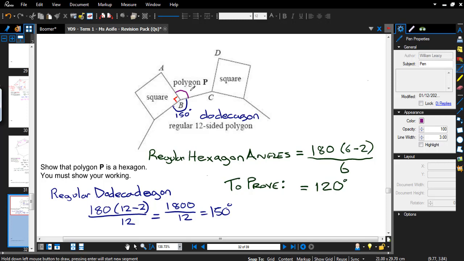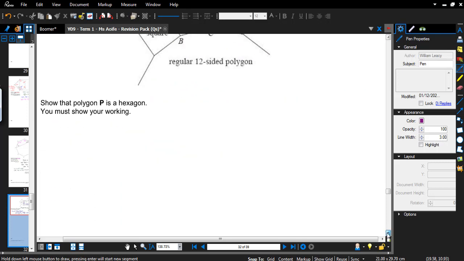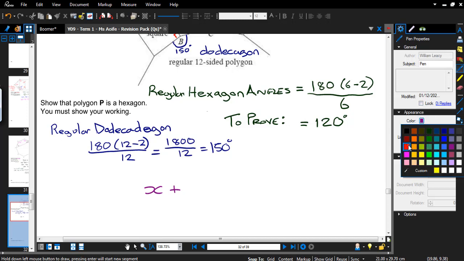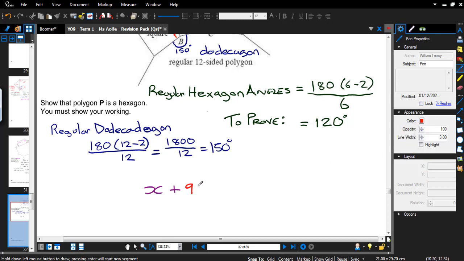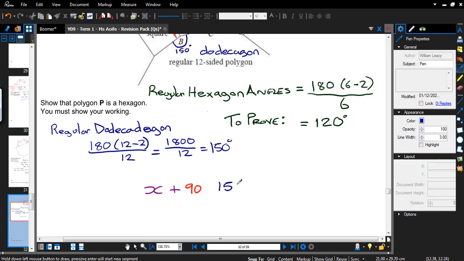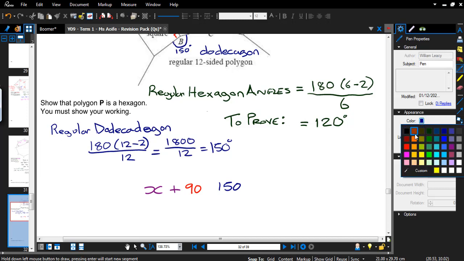What do we call this? X. So we know X plus 90 degrees from the square, X plus 90 plus 150. I'll color coordinate these so I can see where they come from.